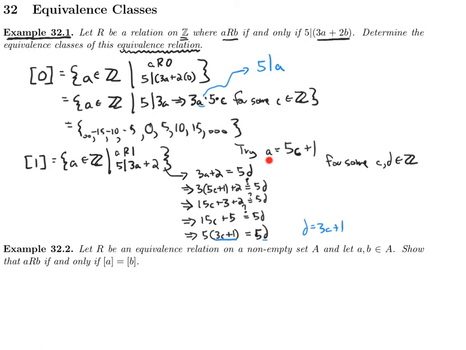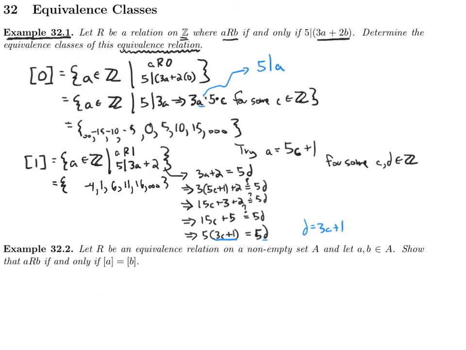So any number of the form 5c plus 1, so a multiple of 5 plus 1, so if you divide it by 5, you get a remainder of 1, that's in the equivalence class of 1. So here we have things like 1, 6, 11, 16, etc. Here we have negative 4.